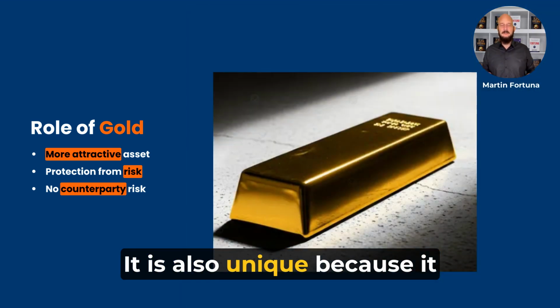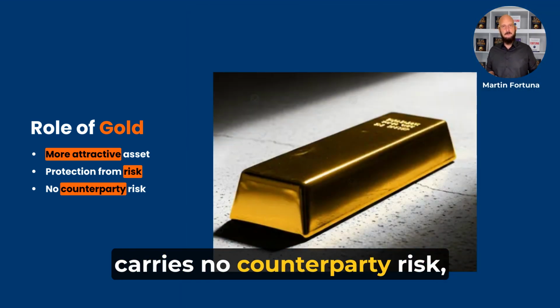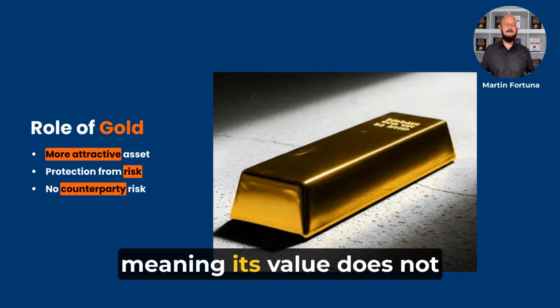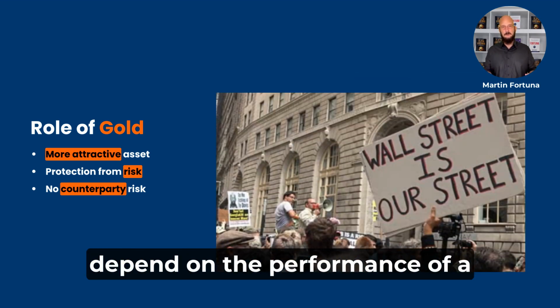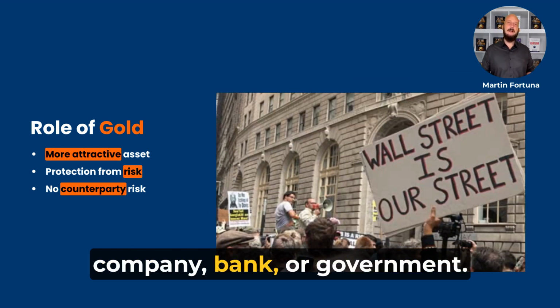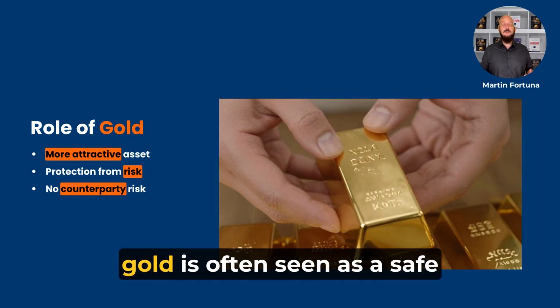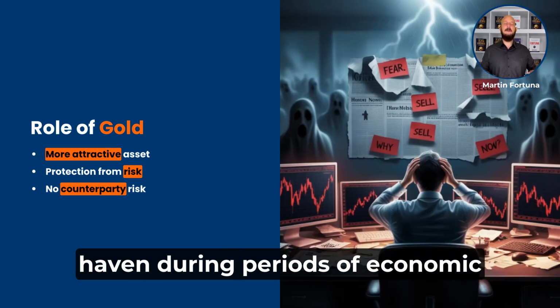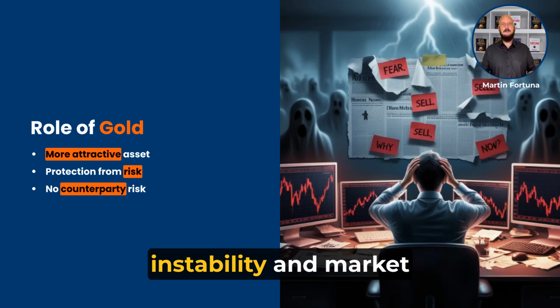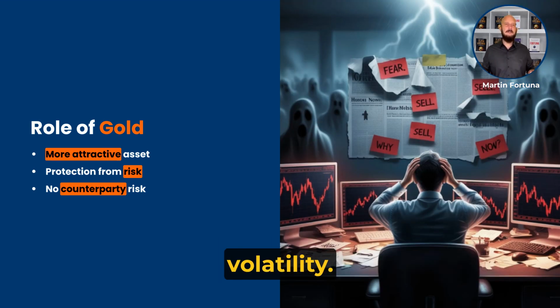It is also unique because it carries no counterparty risk, meaning its value does not depend on the performance of a company, bank, or government. Because of these characteristics, gold is often seen as a safe haven during periods of economic instability and market volatility.